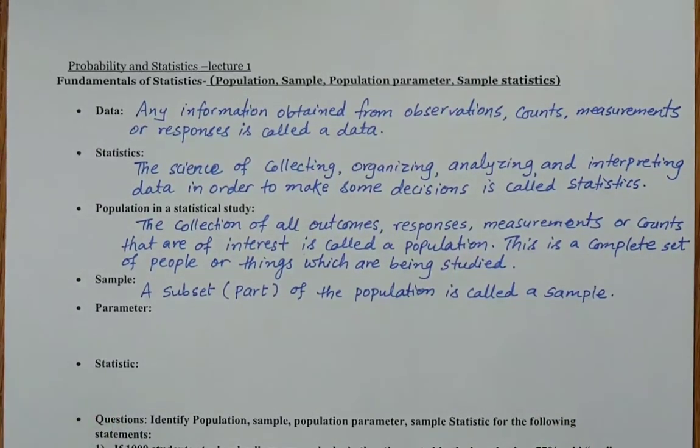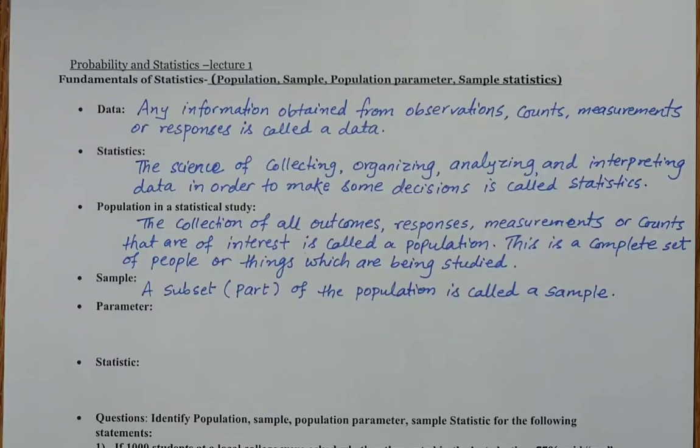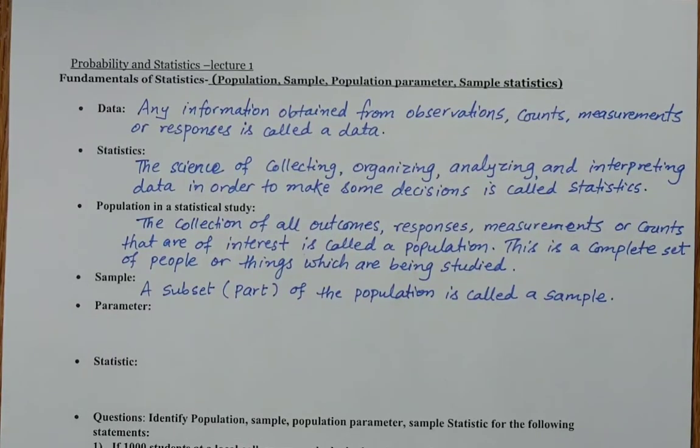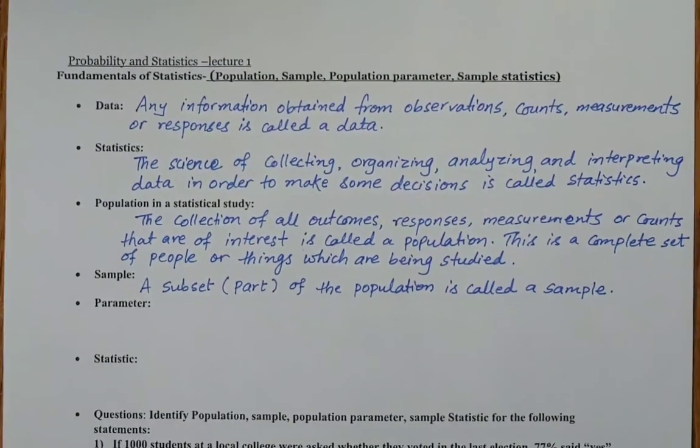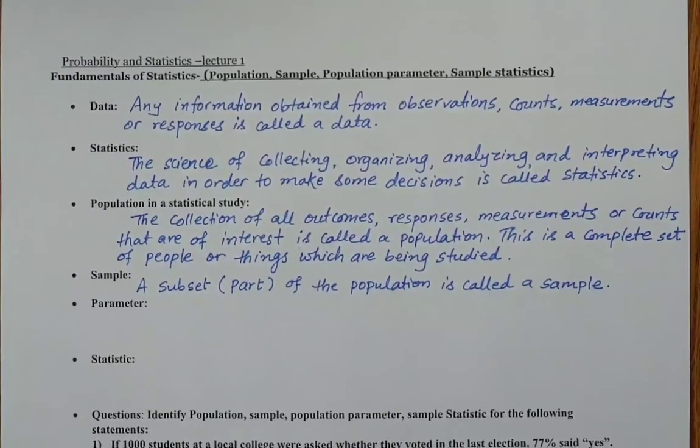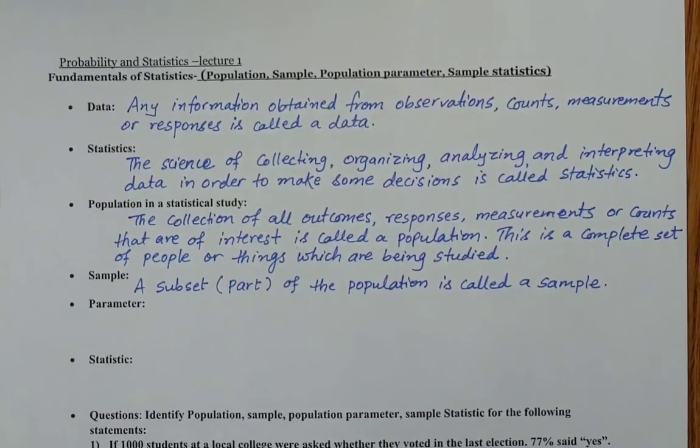Sometimes it is hard to get all of the population in our data, to include everything is kind of difficult. So in that case, we get the sample and we study the sample. So a sample is a part of the population, a subset.